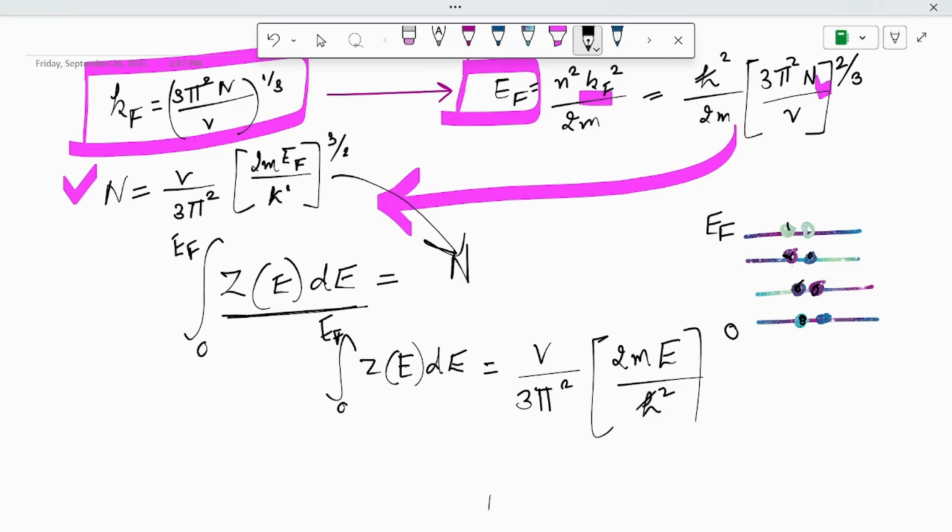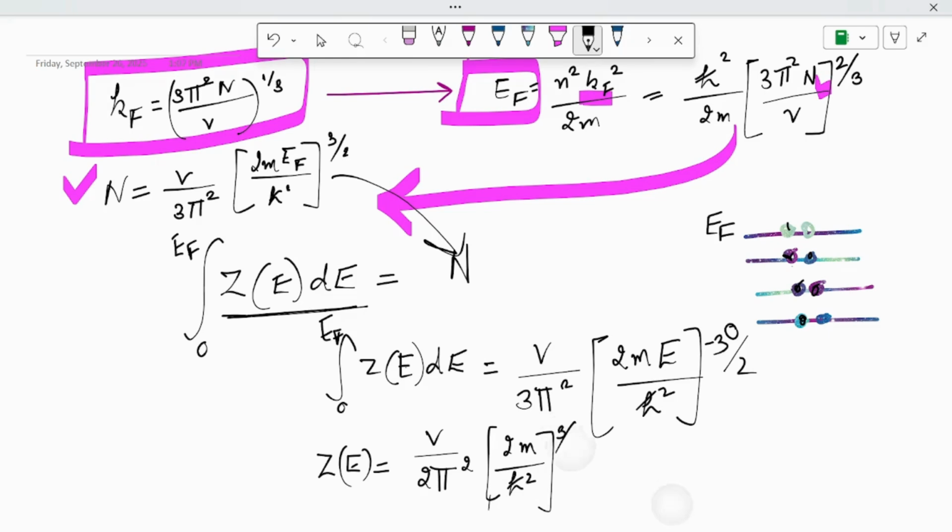and then differentiating this equation, we will get Z(E)dE to be, that means Z(E) is now showing the dependence on E as directly proportional to the root of E. Then what will be the density of states at energy EF?